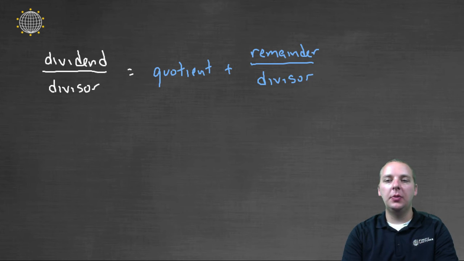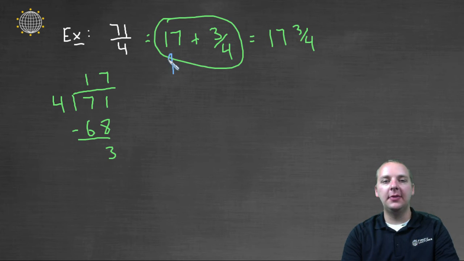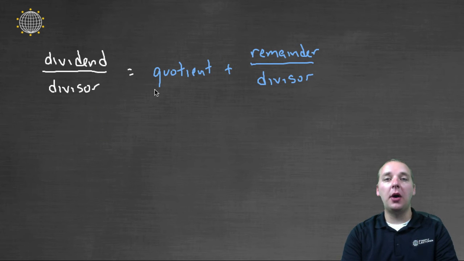Which is exactly what we did in this numerical example. We had 17 was the quotient plus 3 out of 4, the remainder out of the divisor. So anyways, this is the model that we use even for polynomials. It's easy to understand for numbers, but we still keep the same model when we're dividing two polynomials.